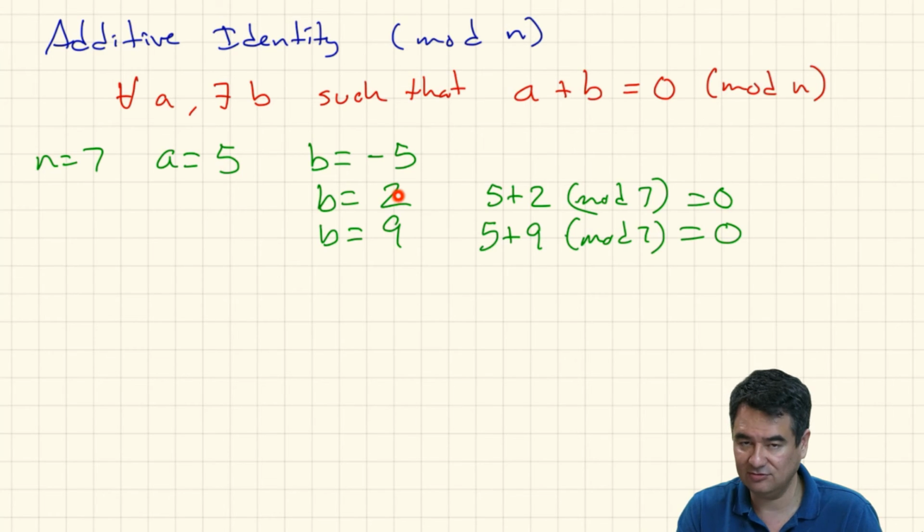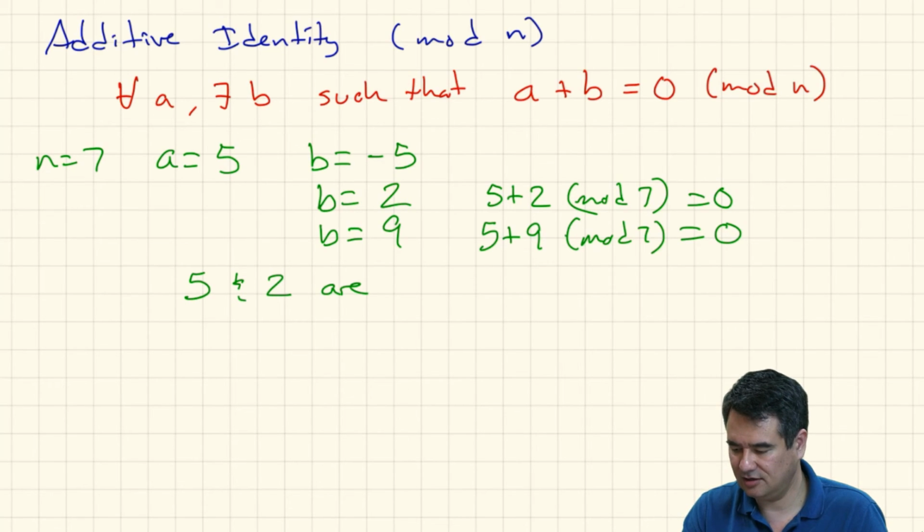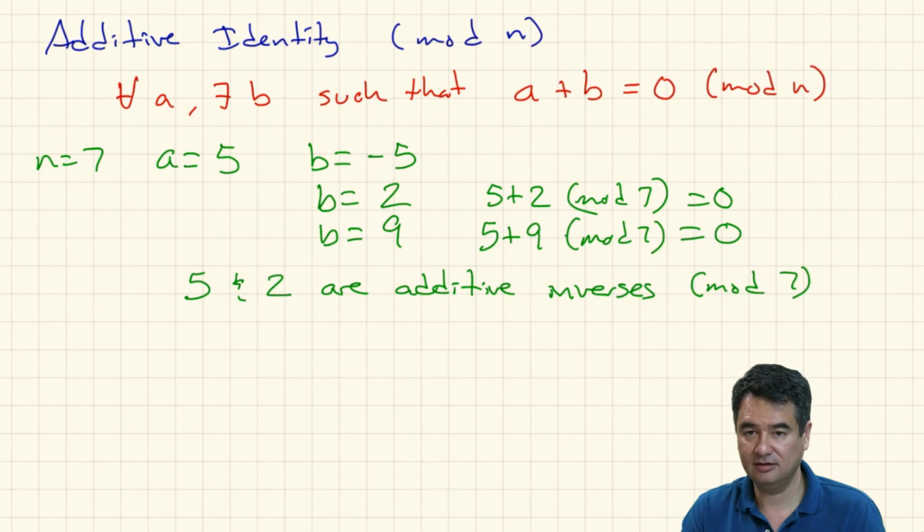Okay, so this is the interesting one. So 5 and 2 are additive inverses in mod 7. Does that make sense? Okay. So that's additive identity under modulo.